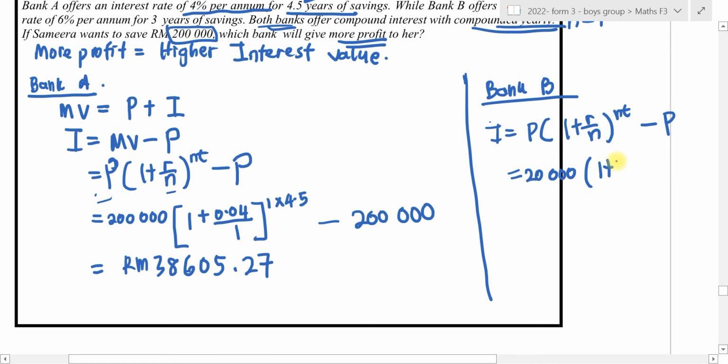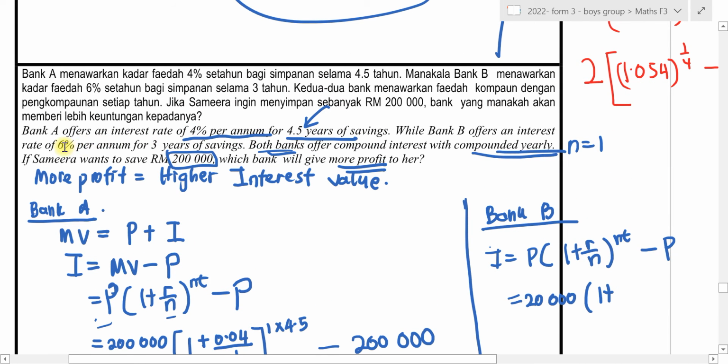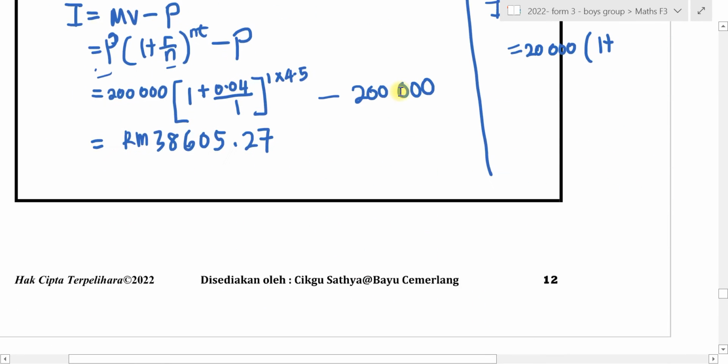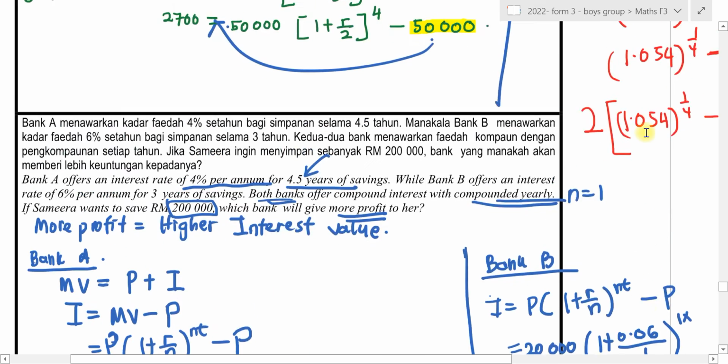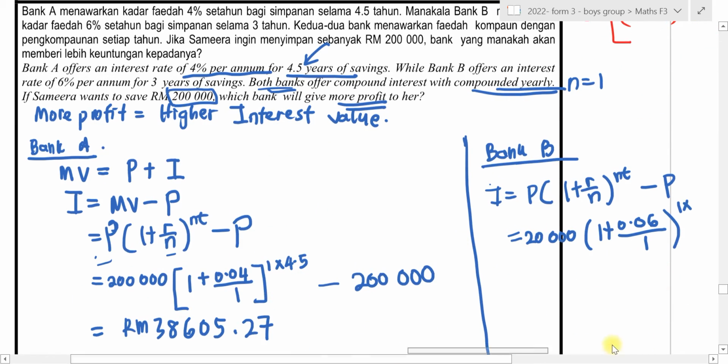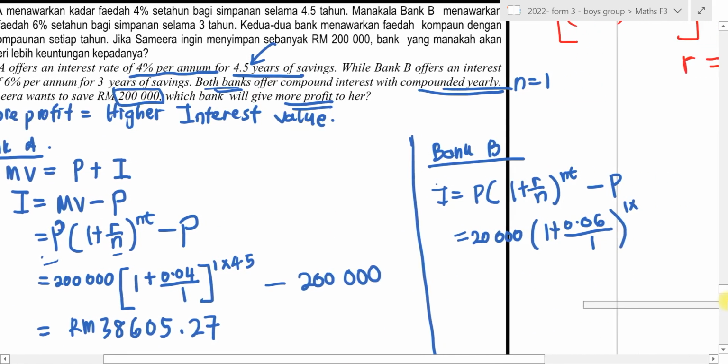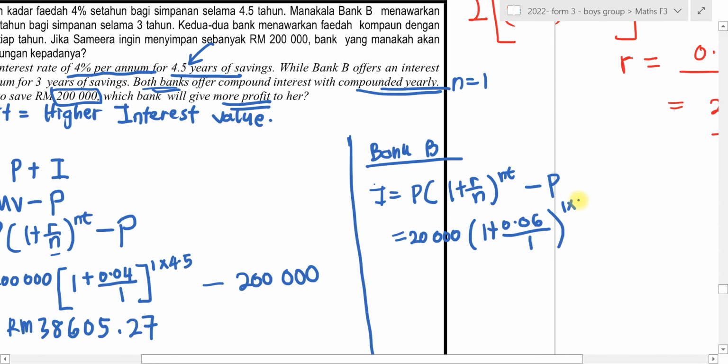And then 1 plus the interest rate, which is 6%, for 3 years. So the interest rate is 0.06 and your N is compounded yearly, so 1, and then 1 multiplied by how many years just now? 3 years, so 1 times 3, and then minus back the 200,000.